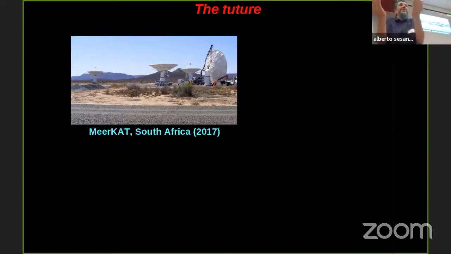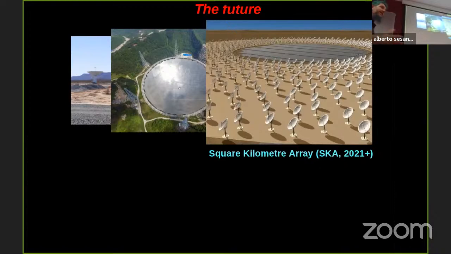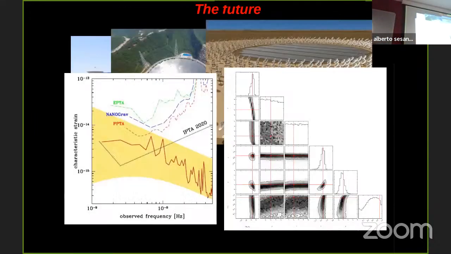And since you are mostly trying to detect a red signal, you need to build up your data set in order to be able to detect what you're after. But really, this instrument is amazing. And of course, there is FAST in China that is discovering a lot of new millisecond pulsars in the Northern Hemisphere. And eventually, MeerKAT will dive into the SKA that really will produce a leap of a factor of 10 in our sensitivity to PTA.